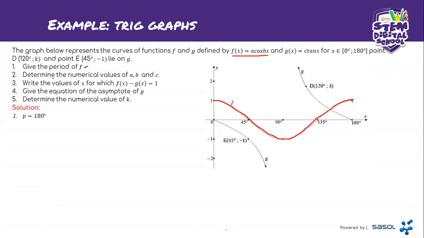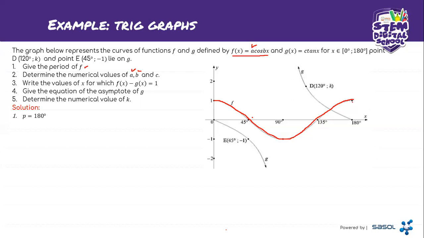Next question: determine the numerical values of a, b, and c. First, we have to look for a. Remember earlier on I explained that the coefficient of cos bx, which is a, does affect the shape of the graph and also the amplitude of the graph.